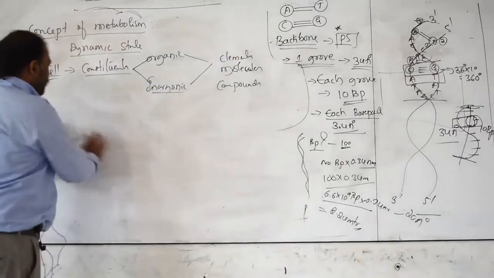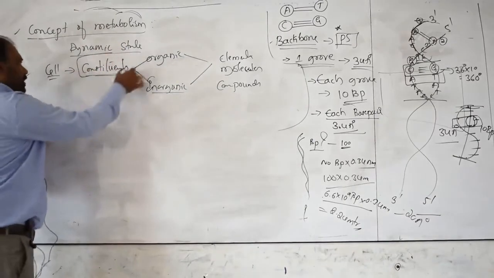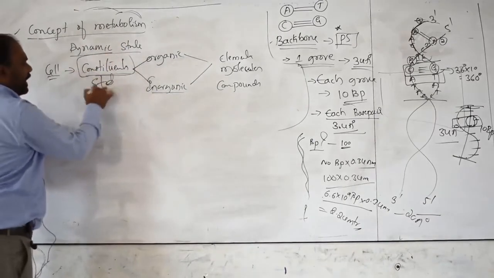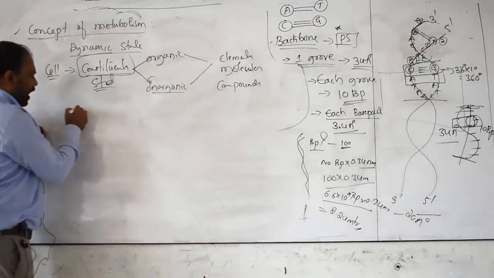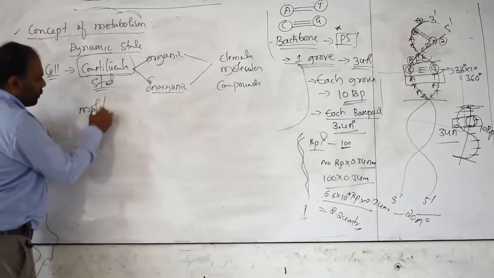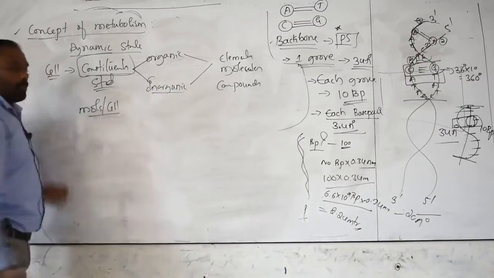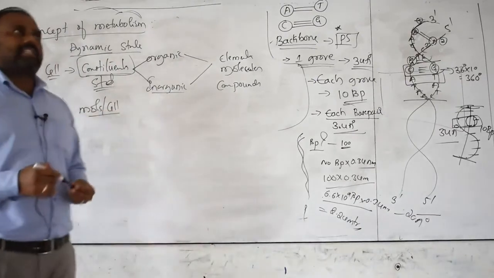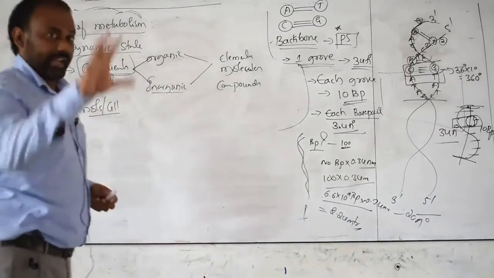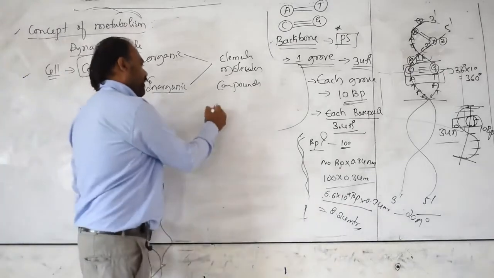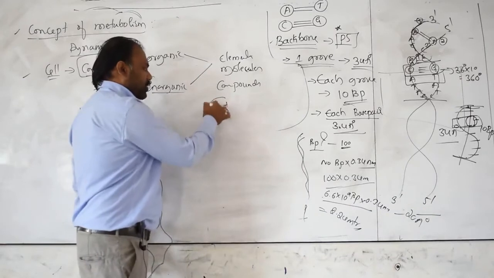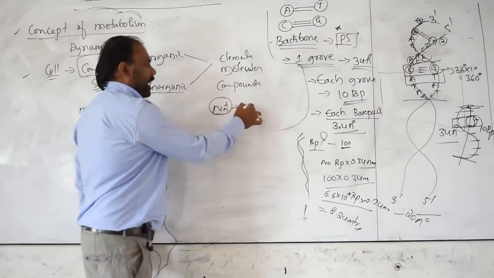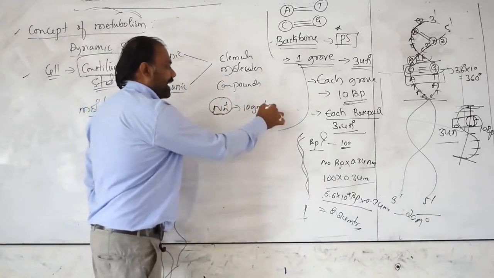See, I told you people, all these constituents must have their standard level in the body. Say for example, sometimes moles per cell. Say for example, not accurately, when you take sodium, Na+, the sodium must be 10 gram per cell.